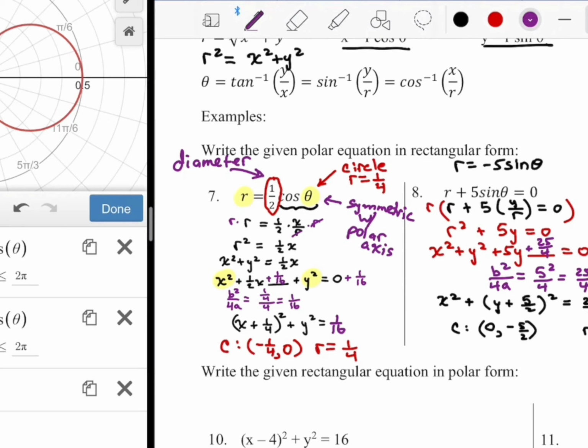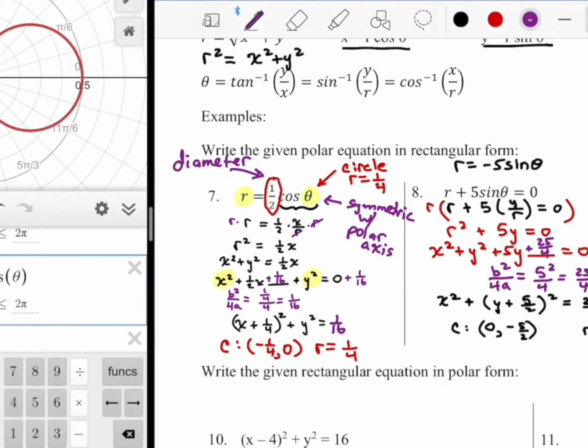All right. Now we can do the same sort of thing, but this time with the negative 5 sine of theta.